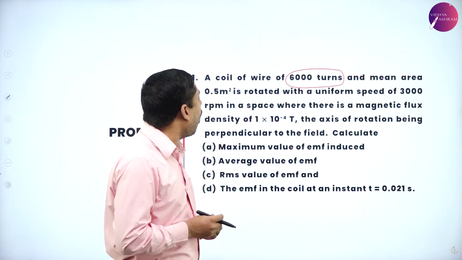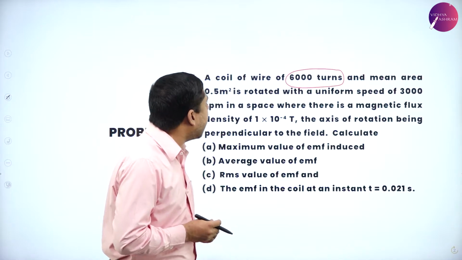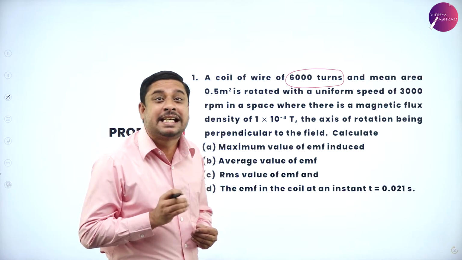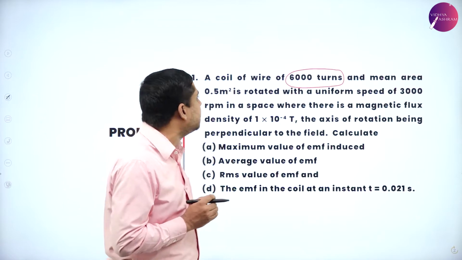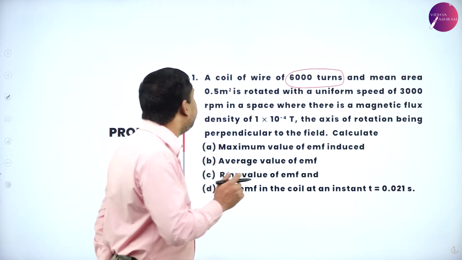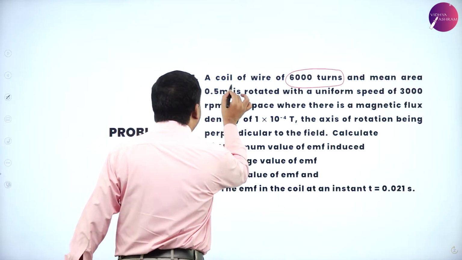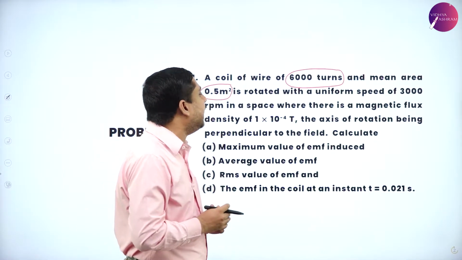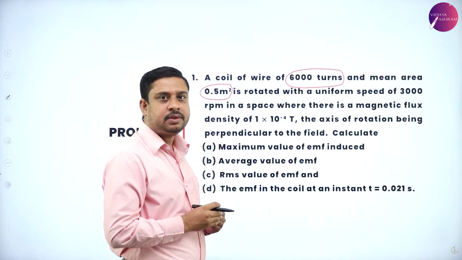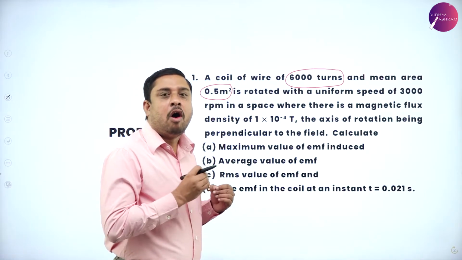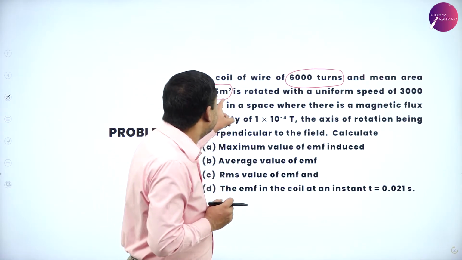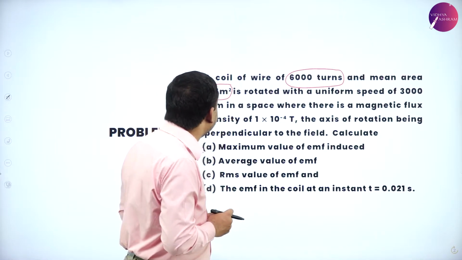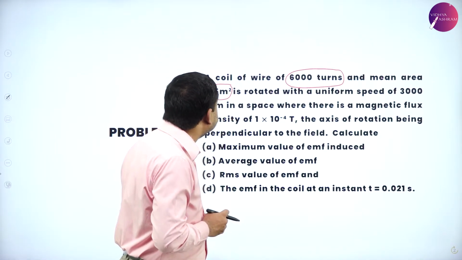There is a coil of wire of 6,000 turns and mean area 0.5 meter square. Area of the coil is 0.5 meter square.